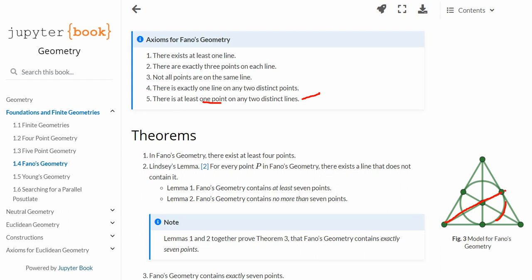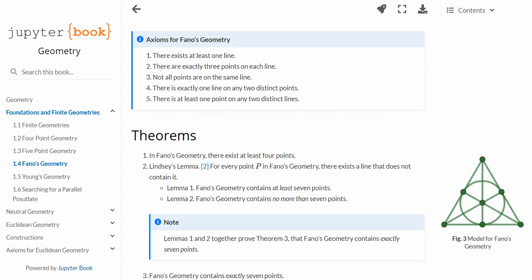And notice there is only one. These look like they intersect a lot, but the only point that's actually on both of them is this point over here. So you can see that there's at least one point on any 2 distinct lines. Any 2 lines you pick, there's a point on them. So what does this mean about lines that are parallel in this geometry? That's something to think about.